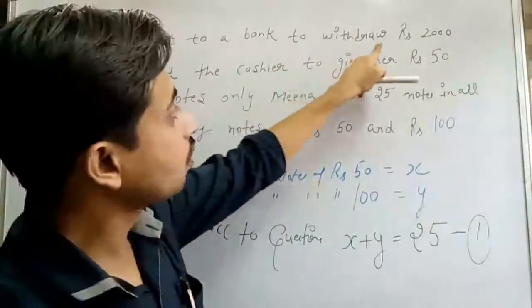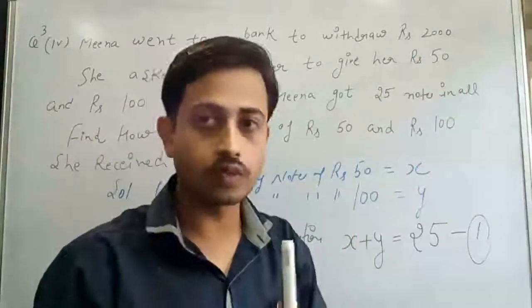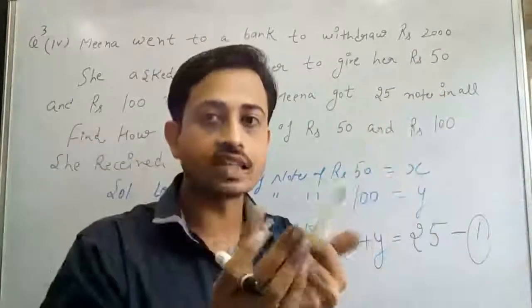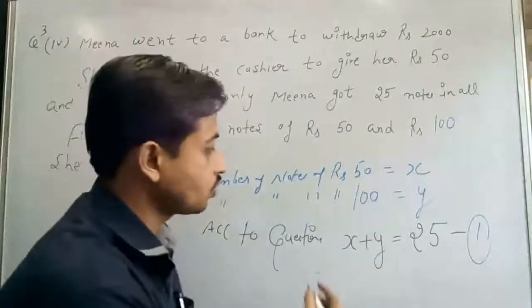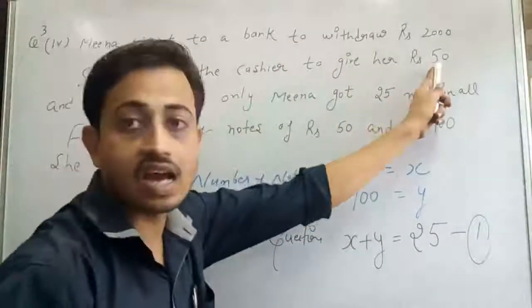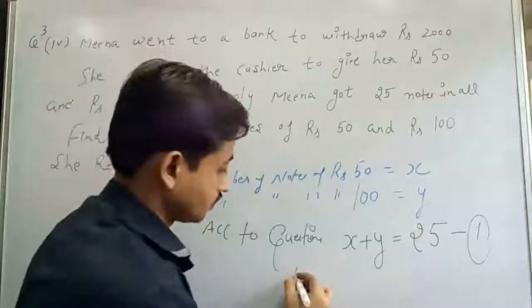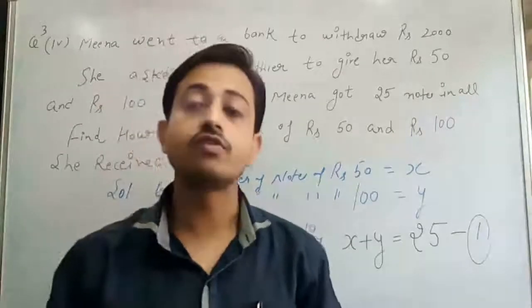She withdrew 2000. It means the 2000 amount is in terms of 100 rupee and 50 rupee notes. So if we add them, we get a total amount of 2000. So according to the question, I am getting the amount of 50 rupees. Suppose I have 2 notes of 50 rupees.